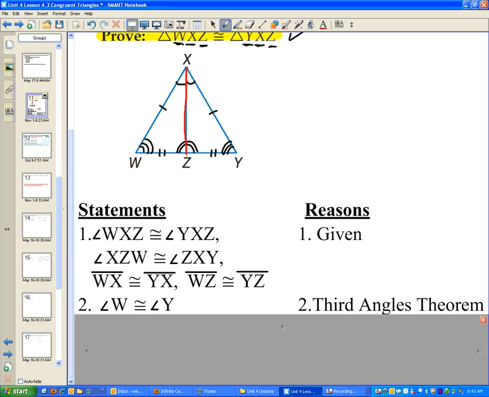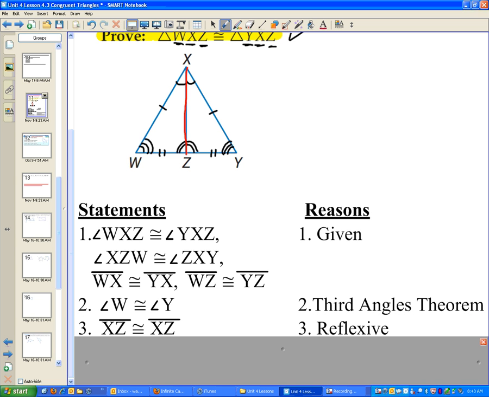Do I know for a fact that segment XZ is congruent to segment XZ? Yes. Not because of given, not because of a definition, not because of a postulate, not because of a theorem, but because of the reflexive property. So my next statement, number 3, is that segment XZ is congruent to segment XZ. The reason why that's true is the reflexive property.